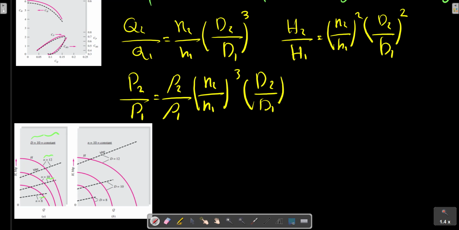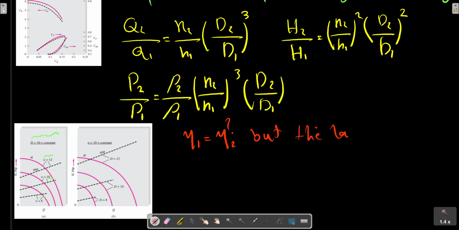system characteristics. Strictly speaking, we would expect for perfect similarity that eta 1 and eta 2 are equal, but we have seen that larger pumps are more efficient, having a higher Reynolds number and lower roughness ratio.